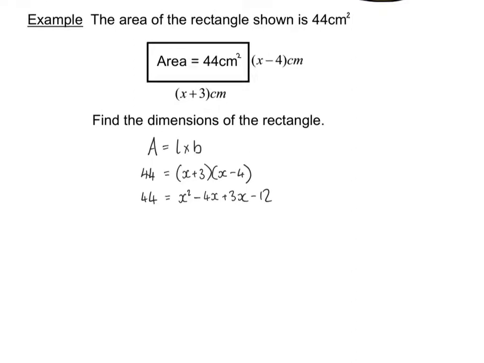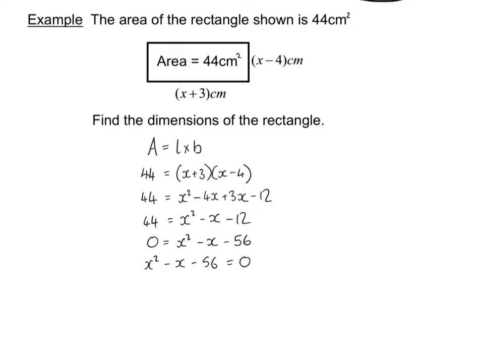We'll start with this right hand side, x squared minus x minus 12 is 44. And then we want to bring that 44 across as well, so x squared minus x minus 56, and that's equal to 0. And we'll just swap the sides around there, so our 0 is over the other side.